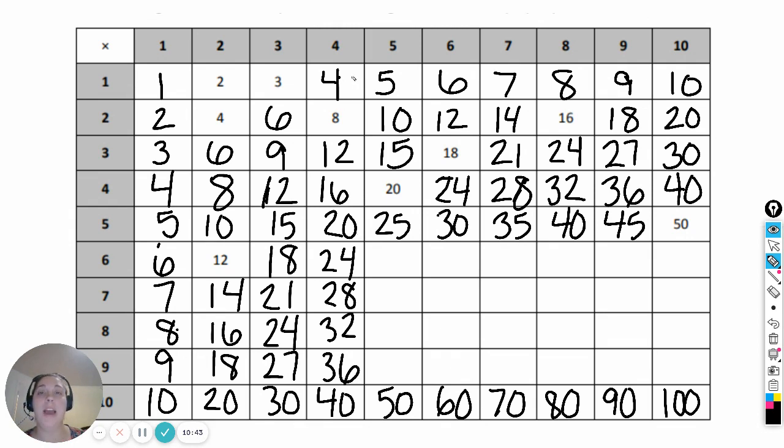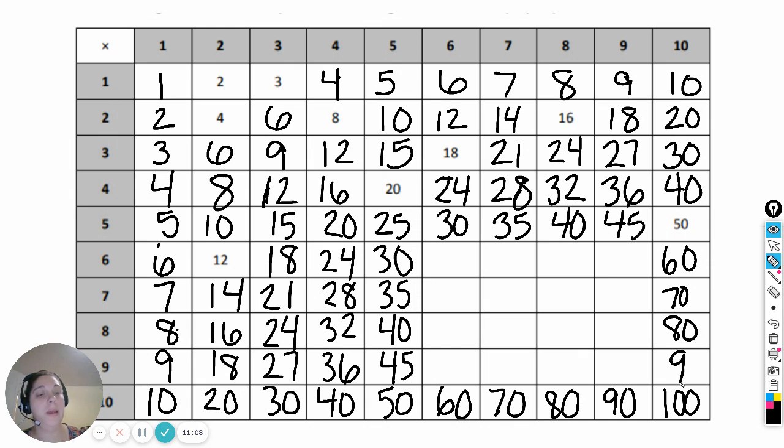Next, skip counting by 5s. 5, 10, 15, 20, 25, 30, 35, 40, 45, and 50. Now we can go all the way over to 10, count by 10s, 10, 20, 30, 40, 50, 60, 70, 80, 90, and 100.